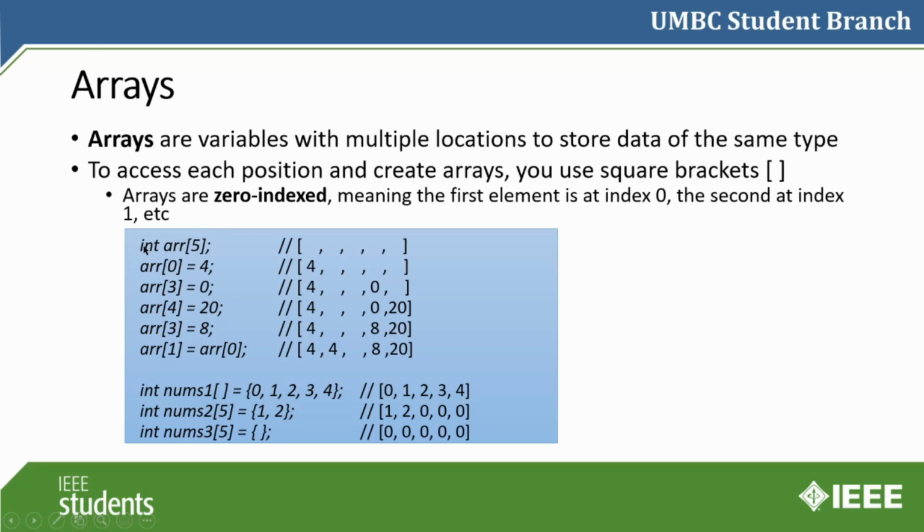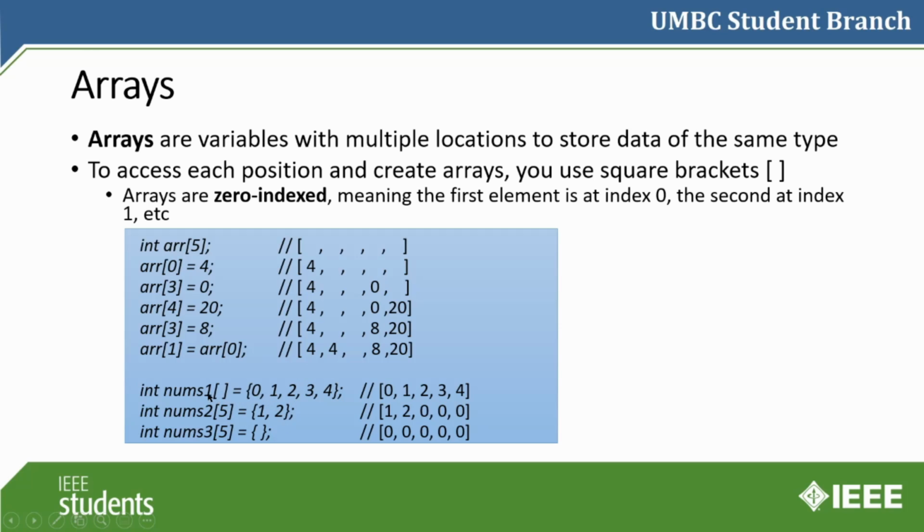Now then, if you create an array using this kind of notation only, then it will create an empty array. These 5 values are not initialized to anything so far. And then you can use all these things down here to perform these operations of assigning values to them. However, there's another way to define arrays shown down here.